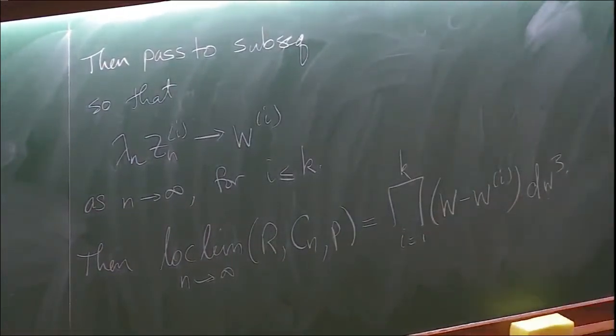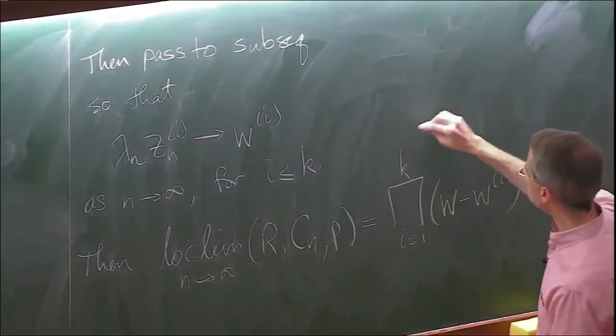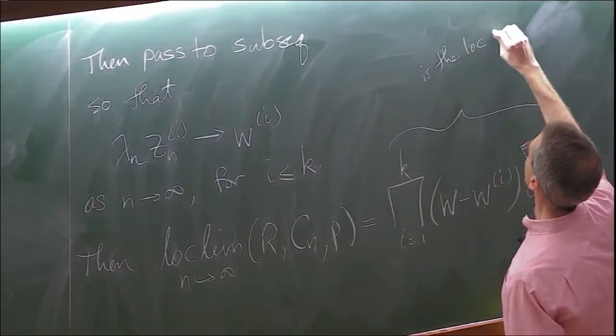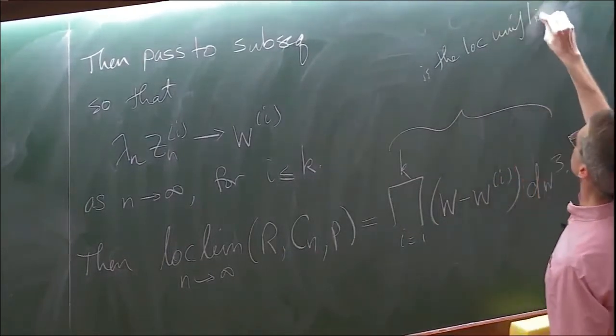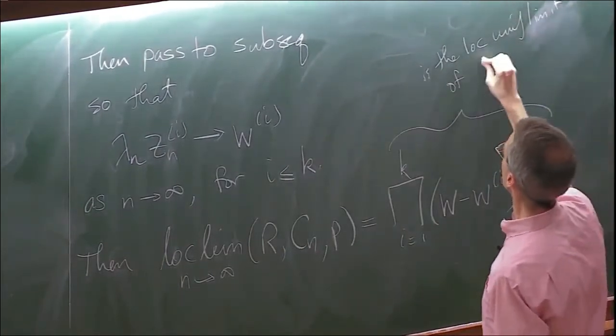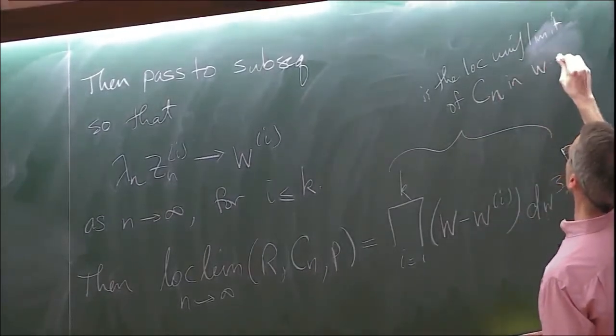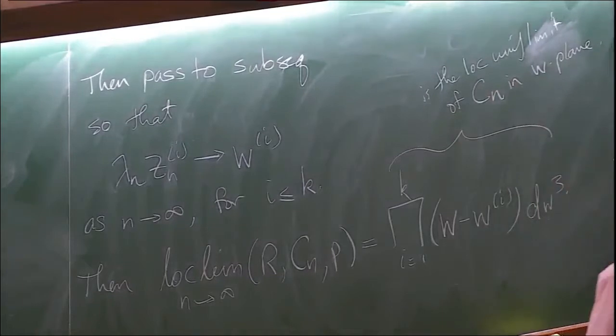So that's a simple definition, but choosing the k was the important part. And now what we've achieved is that this polynomial is the locally uniform limit of these cubic differentials C_n in the W plane. Okay, so that's how you choose the limit.